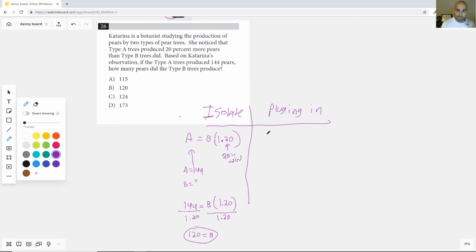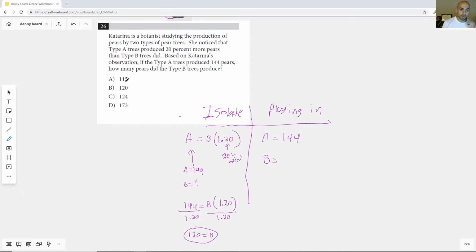Well, we know that A is producing 20% more than B. And if you can't write this equation, well, we still know that there's 144 pears. And that B, whatever number we say it potentially is, has to, one, be less.